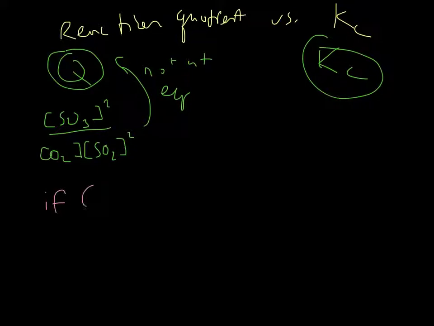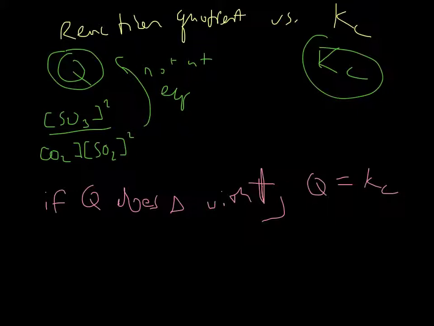First, if Q does not change with time, then Q equals Kc, which is equilibrium. So if Q is not changing as time goes on, the reaction has reached equilibrium. Everything is at its equilibrium concentration, which means Q has reached Kc.